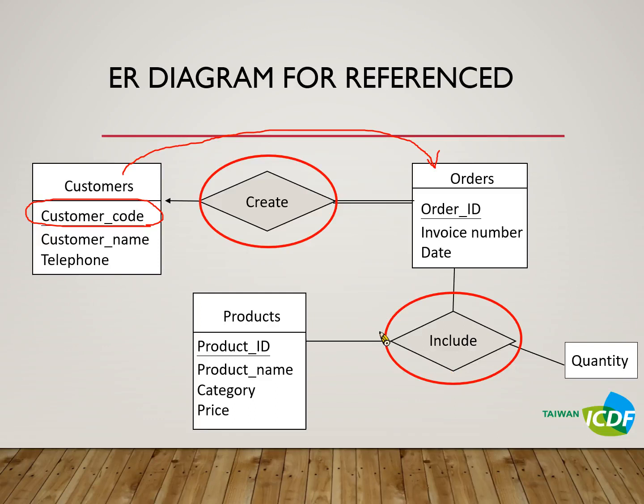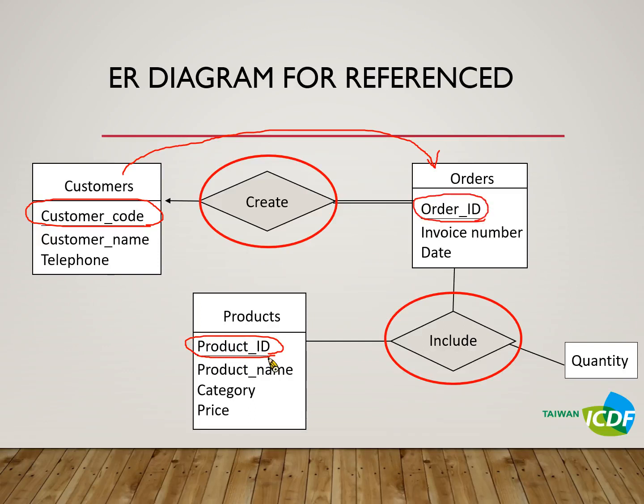And next, let's continue converting this relationship. Because it's a many-to-many mapping relationship, we have to create a new table to express this relationship. We have to choose the primary keys of both involved entity sets.